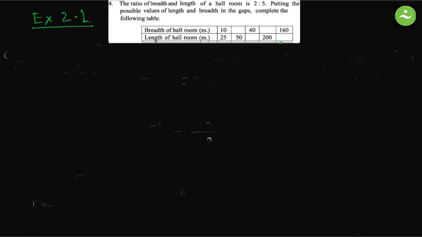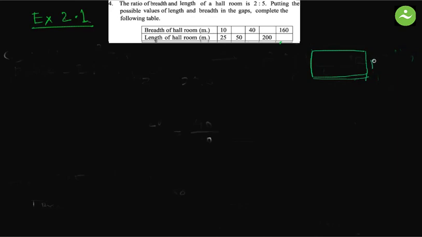Let us solve the next question, question number 4. The ratio of breadth and length of a hall room is 2:5. Putting the possible values of length and breadth in the gaps. Gaps means here the blank box. Complete the following table. Here the given ratio of breadth and length is 2:5. How does the hall room look like? The whole room looks like this.